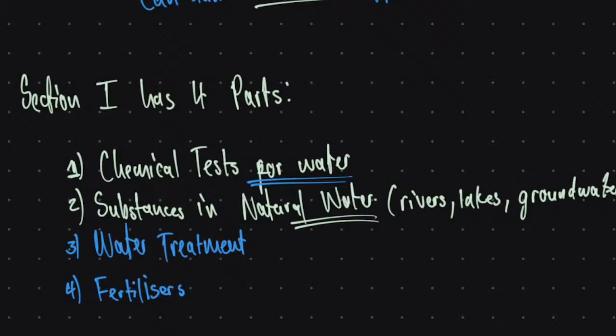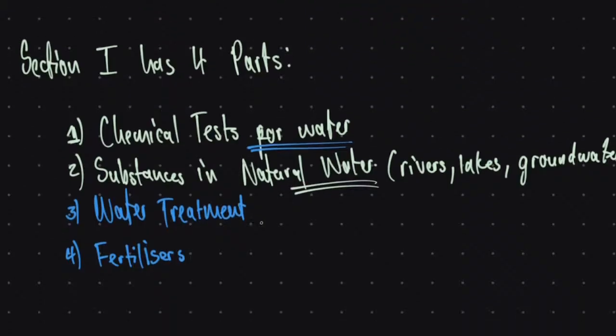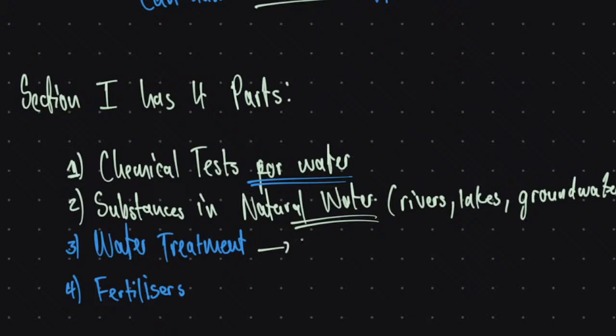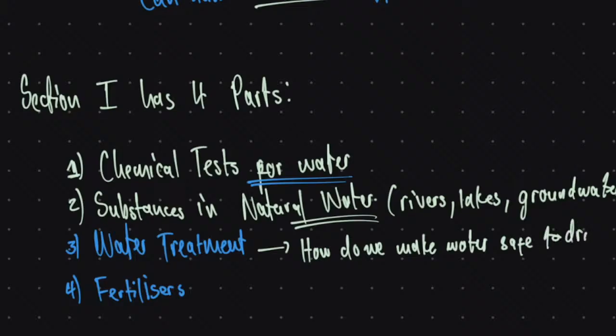Then water treatment is how do we make water safe to drink? So it's not too much. And then fertilizers, these are nutrients needed for boosting plant growth. We'll talk about them as well.